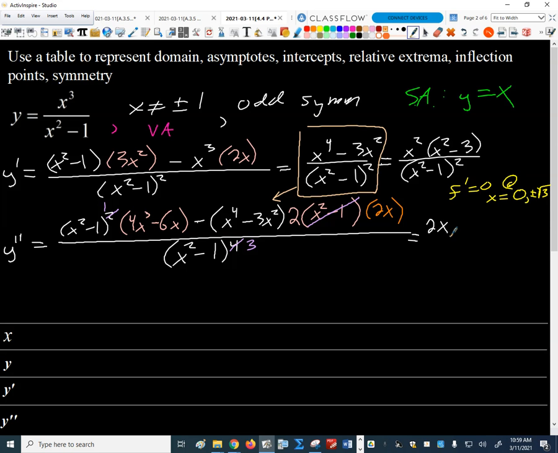So I'm going to get a 2x, and what am I left with if I factor out a 2x? Here I've got an x squared minus 1. I'm going to have to go down to the next line. That's going to be too hard to read.